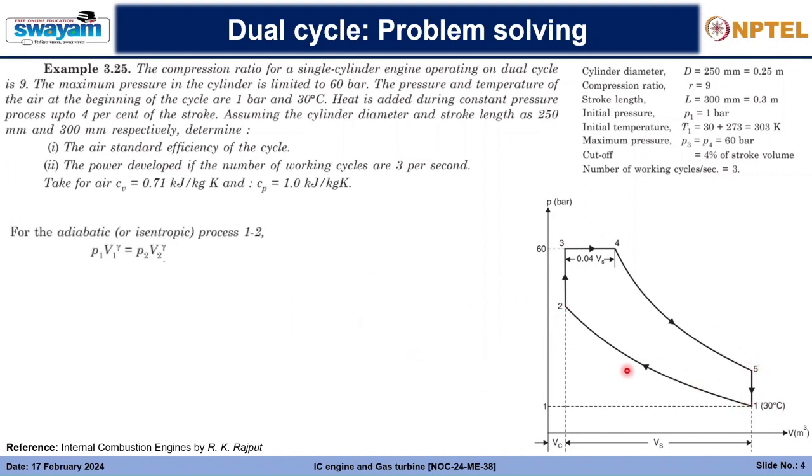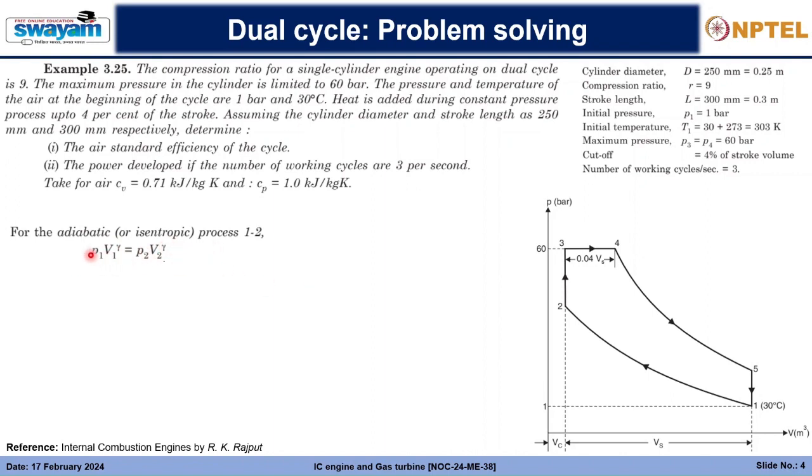So for the 1-2 process, that is adiabatic expansion or isentropic process. Sorry, adiabatic compression, not expansion. The expansion is this process. This is adiabatic compression or isentropic compression. In that we know the isentropic thermodynamic relationship as P1 V1^gamma equals P2 V2^gamma.